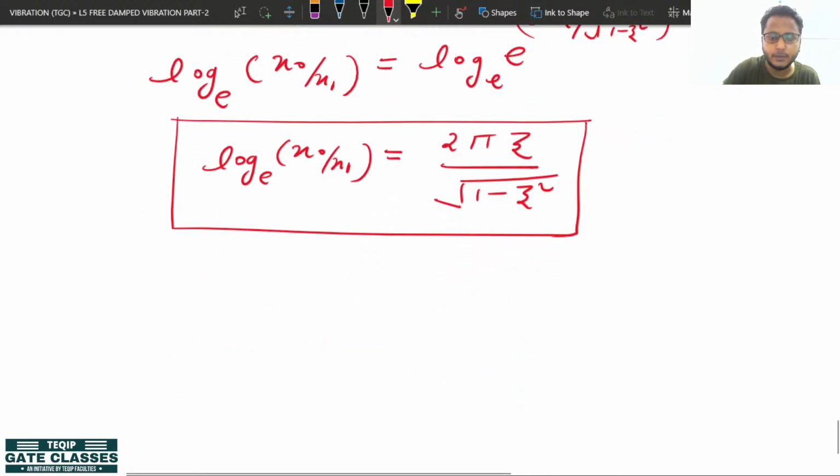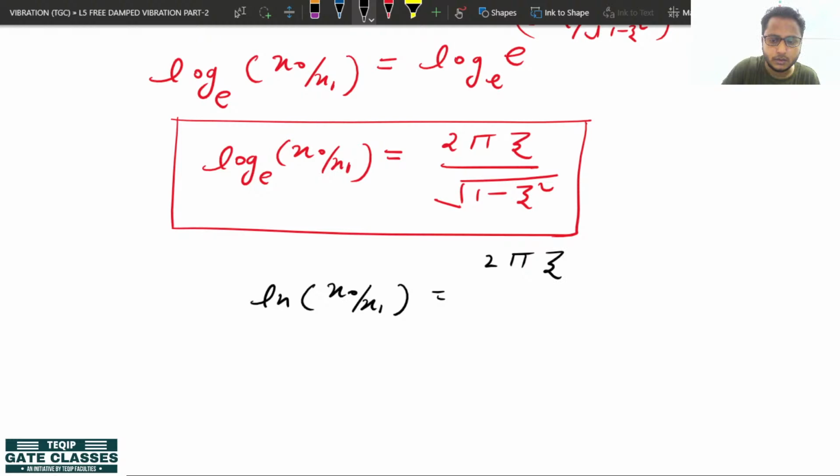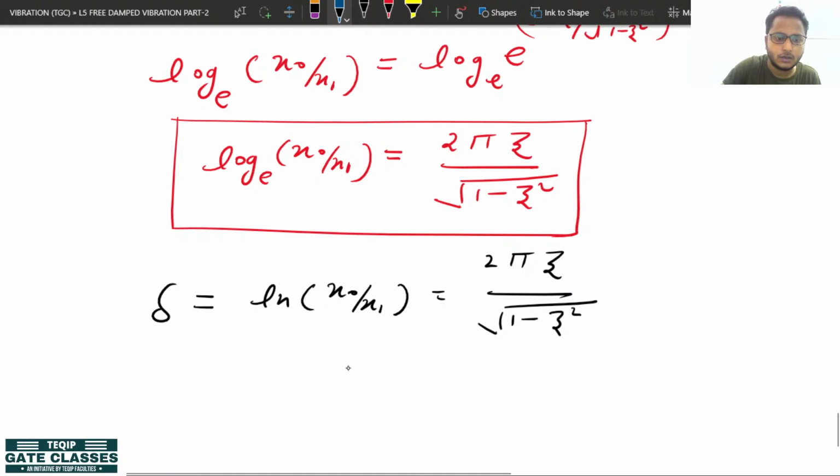It is completely dependent upon the damping ratio. We can write it in ln form: ln of x naught upon x1 equals 2 pi zeta divided by root of 1 minus zeta square, and it is denoted by delta.